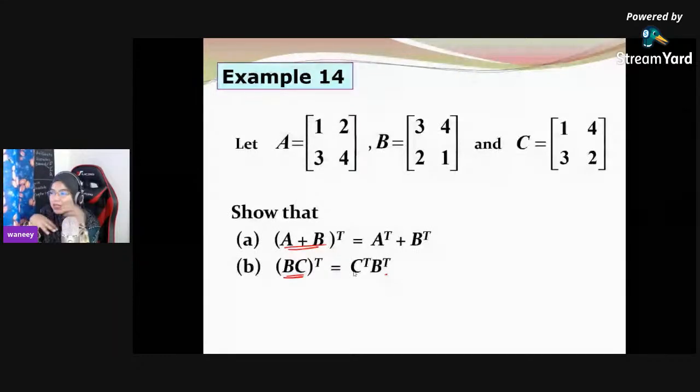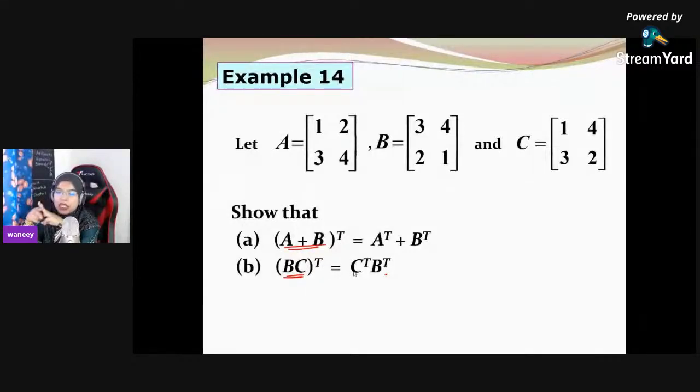Hari ni dia macam simple sikit sebab kita hanya belajar tambah, tolak, darab je dulu. So for the next class, it will be something quite new because we have to calculate the minor cofactor and the determinant. So this one is mostly, you can say that it's quite a recap.